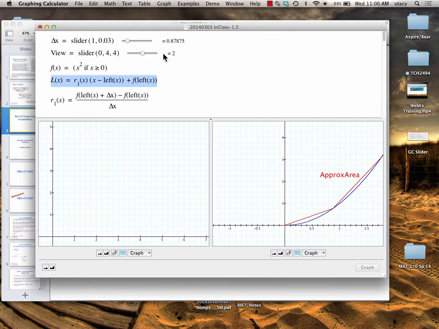So we get this piecewise linear function that approximates our accumulation. Notice that we already did the hard work to get the rates of change. In order to write our approximate accumulation function, we had to already compute the rates of change.